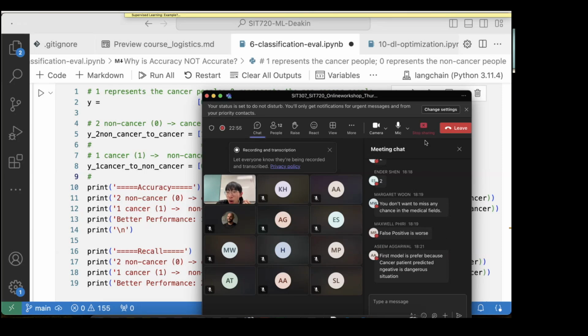For example, I will talk about the scenario where the false positive is worse later. Actually, it's a scenario of COVID-19. The first model is preferred because predicting a cancer patient as negative is a dangerous situation. That's why the false negative is worse.